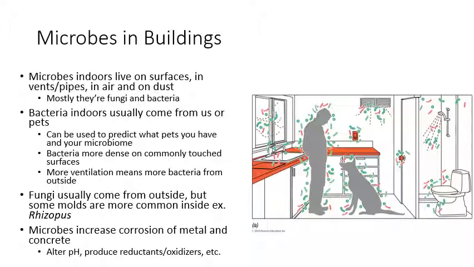For the fungi that are inside buildings, usually they're not going to be coming from people or pets. Usually they come from outside instead. So the composition of the fungal community inside a home would pretty much resemble the composition of a fungal community outside that home. The only exception is there's some molds that are more common inside than outside, which would include bread molds like Rhizopus.